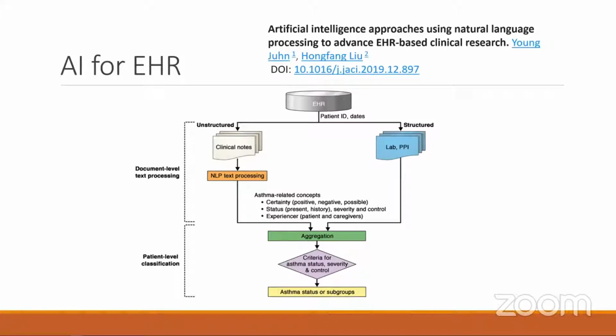Natural language processor algorithms are complex and perform multiple tasks such as extraction, information processing, and processing at a patient level with ensured criteria data.